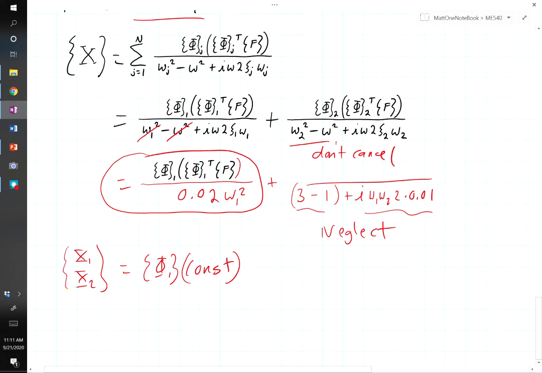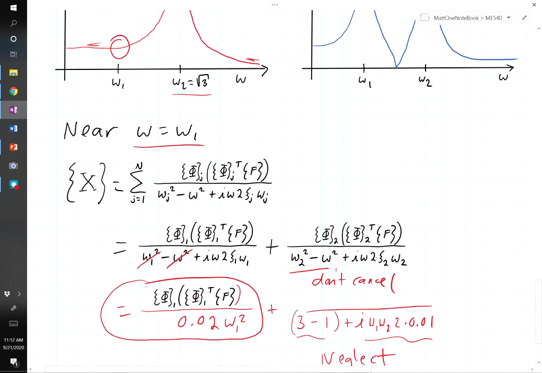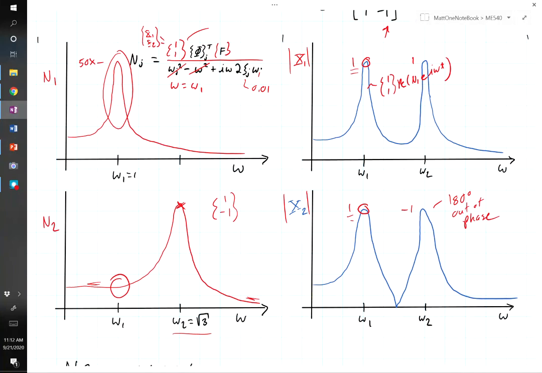So we can get an estimate for the mode shape by taking the response, complex amplitude and phase, at a given frequency. So this is the foundation of experimental modal analysis, and something that we're going to use a lot in this class. It also just is the key to understanding what happens with multi-degree of freedom systems.